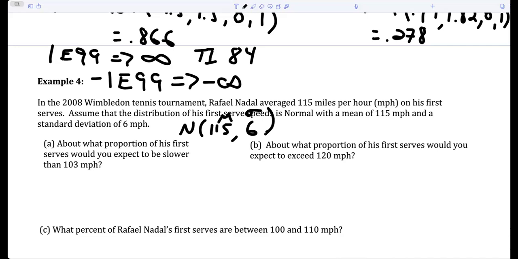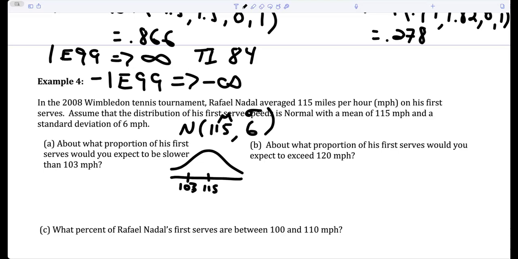And part A says, about what proportion of his first serves would you expect to be slower than 103 miles per hour? So if I make a quick little sketch, this would be 115.